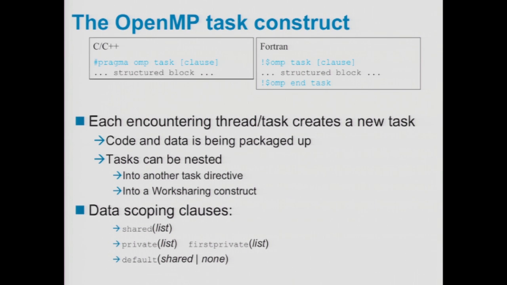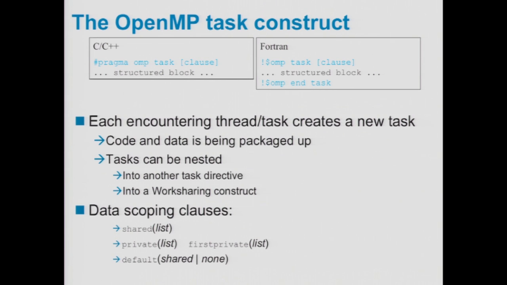Now, once you identify a piece of code that can be executed by some thread, you have to figure out what's the data environment that that piece of code is going to be executing in. In the serial program, it's the set of values and memory locations that were active when the task was encountered.